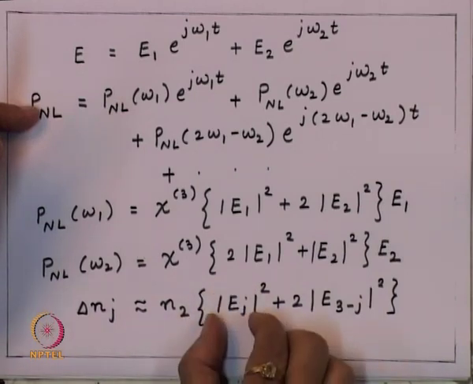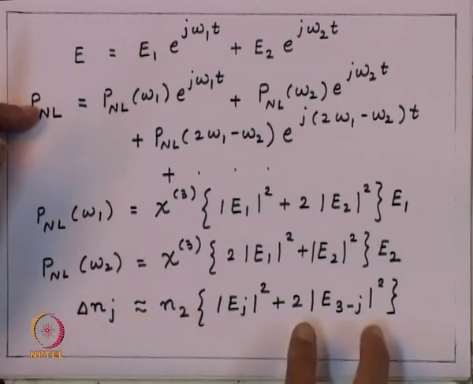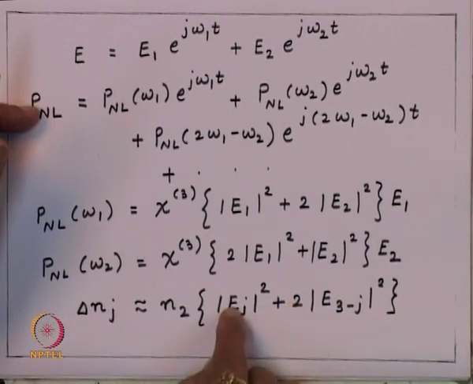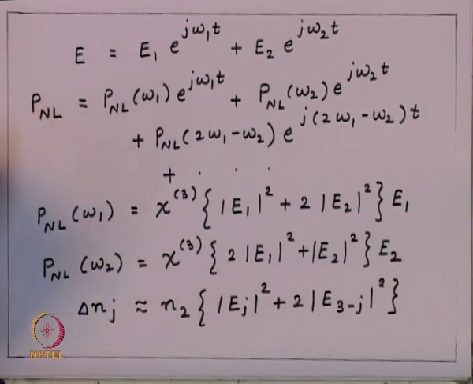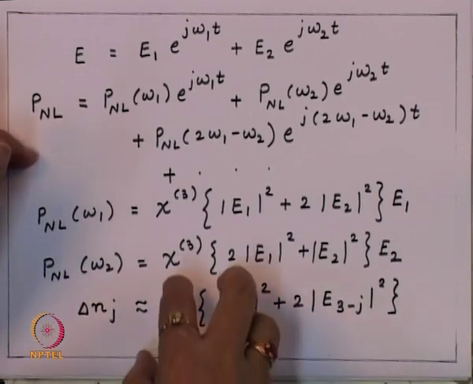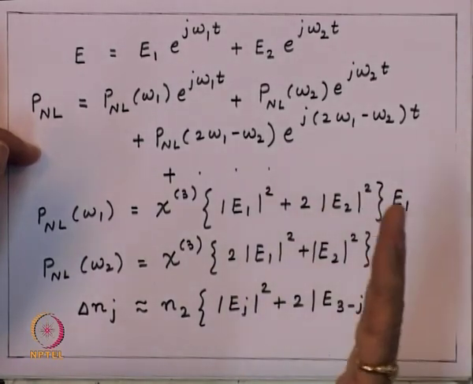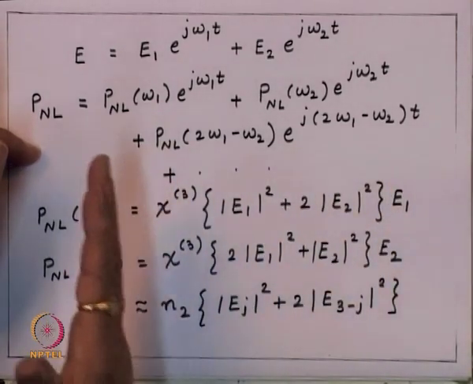But the most important thing to note here is that the change in refractive index due to the other signal's propagation has an enhancement factor of 2 compared to the signal itself. And that is a very interesting thing to note. What that means is that the nonlinear effect of another signal is twice stronger compared to the signal itself.